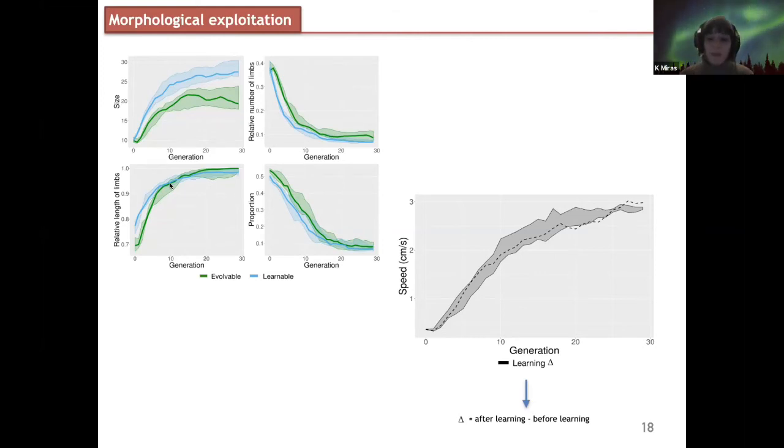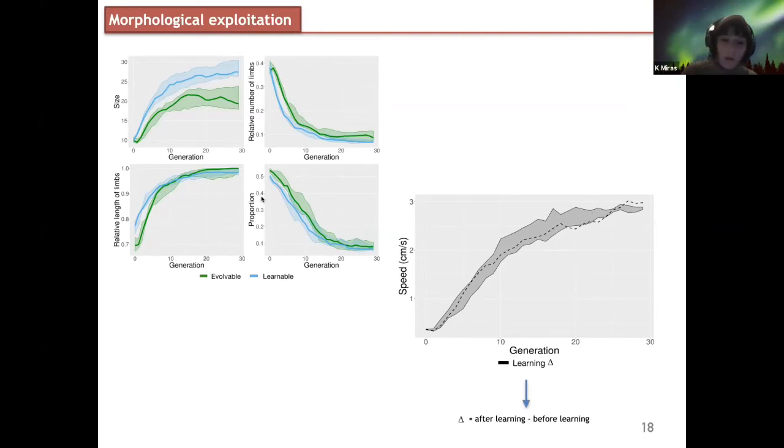And here on the right, we have the delta of learning, which is the difference between the speed when the robot was born, the very first attempt, and the speed after it had the chance to learn for 100 iterations. And we see that it's not totally flattening, but after generation 15, it's much less steep. The gain that learning brings is much less steep.